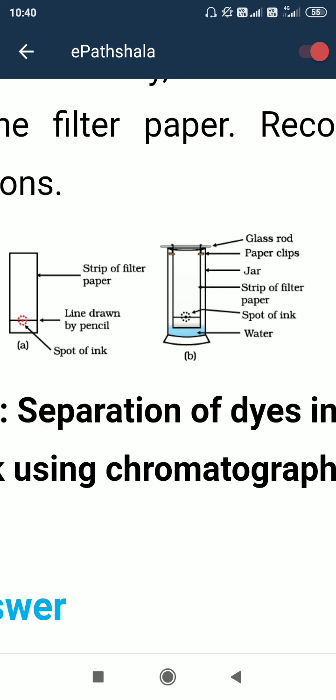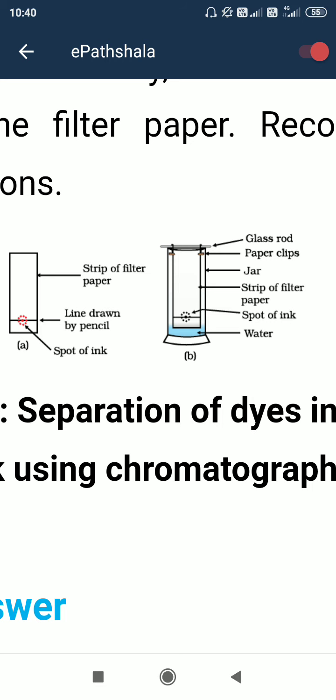Water will rise through the filter paper by capillary action, up to this spot where paper clips are written. When the water goes up, the spot of ink will also go up.